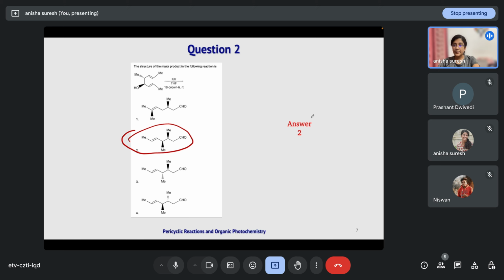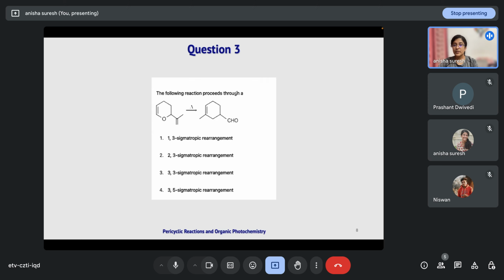Now coming to question number 3. The following reaction proceeds through A: 1,3 sigmatropic rearrangement, 2,3 sigmatropic rearrangement, 3,3 sigmatropic rearrangement, or 3,5 sigmatropic rearrangement. Here this is the starting material. It is getting converted into this aldehyde.